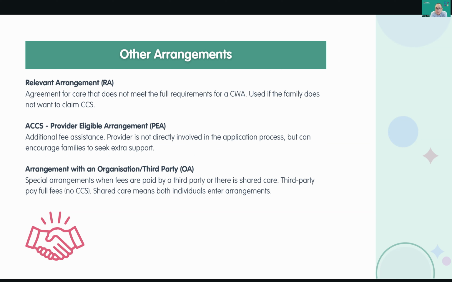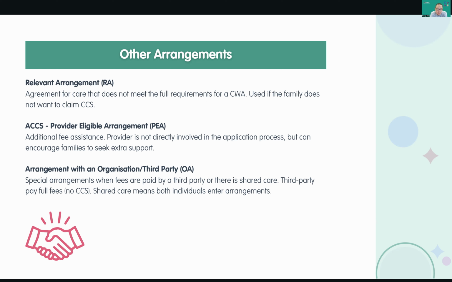So I think, Jing, you asked this question, if a family doesn't want to claim CCS, this is what you would put. The RA. This is what care arrangement you would put for the child, which is an RA, not a CWA. Okay, so now this type of enrollment is used only where a provider is sure that the family does not wish to claim CCS.